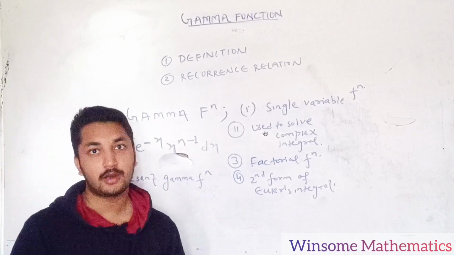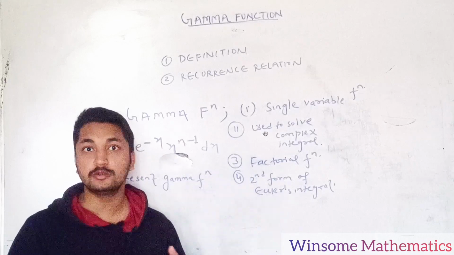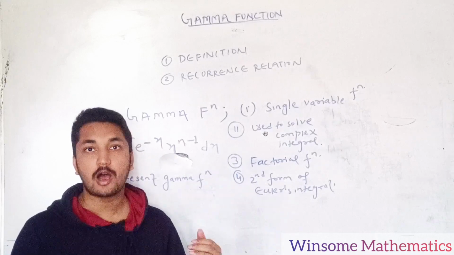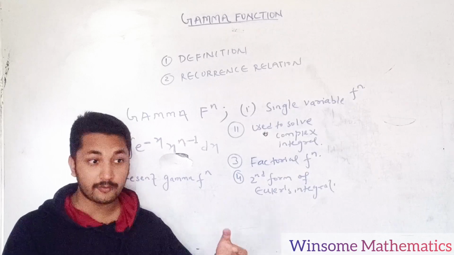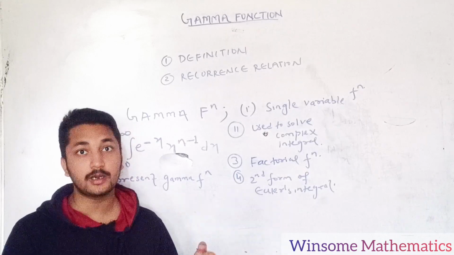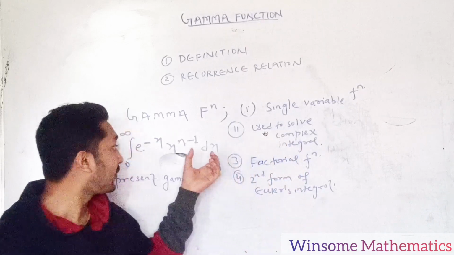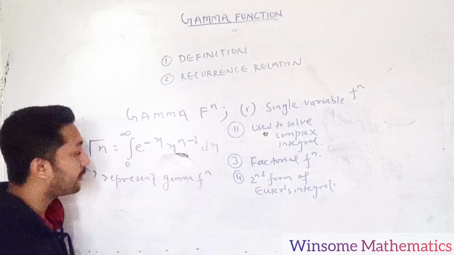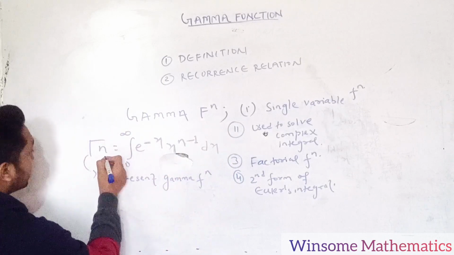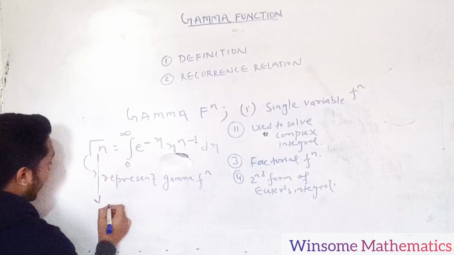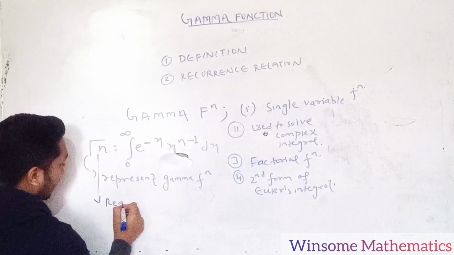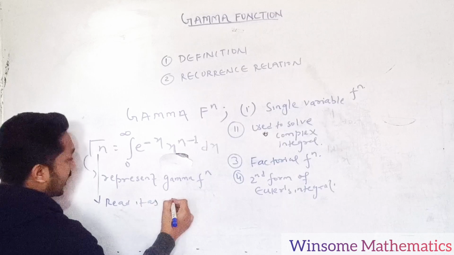Now think, like we used to identify the beta function and how it looks, similarly we will first be clear from its definition, its mathematical representation. Here n is used to represent the gamma function. We will read it as gamma n.